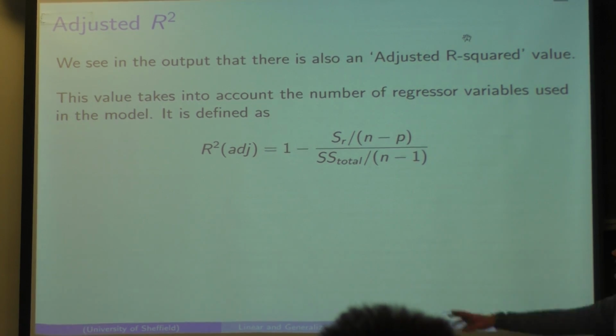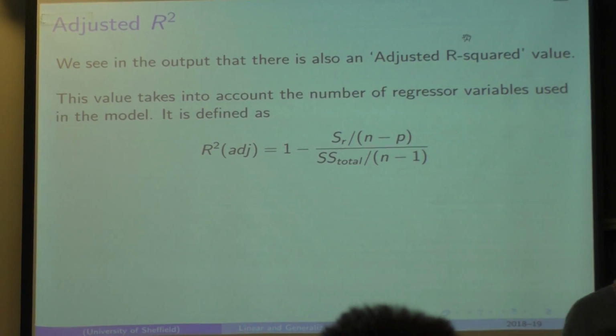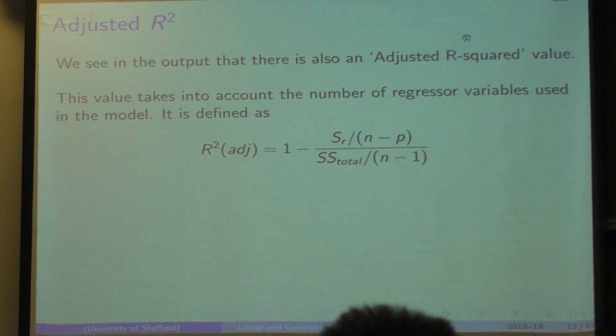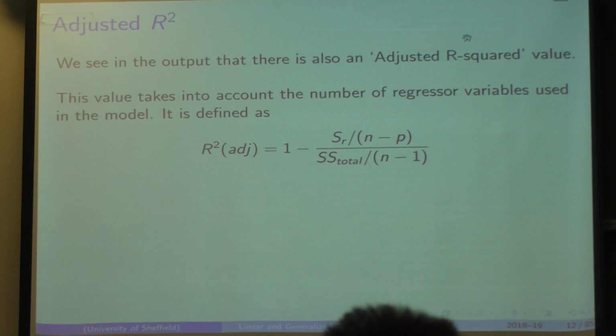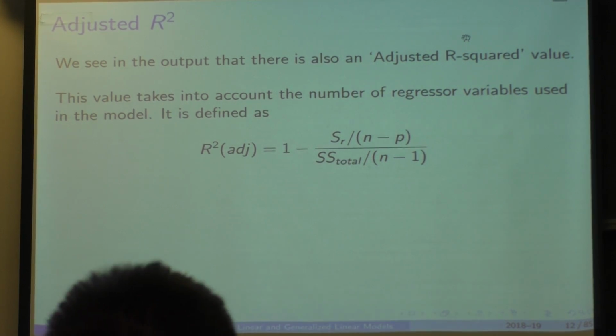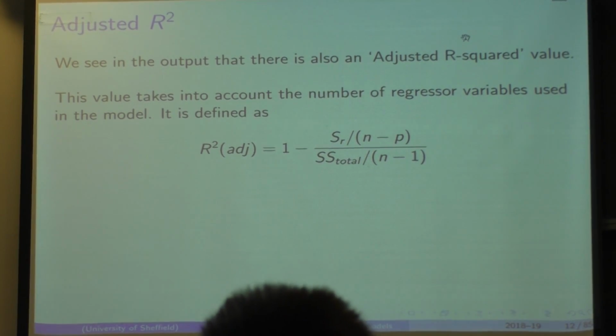So, R squared adjusted. The original R squared, we wrote it as SYY minus SR, divided by SYY. So we could just have written that as 1 minus the residual sum of squares divided by the total sum of squares.